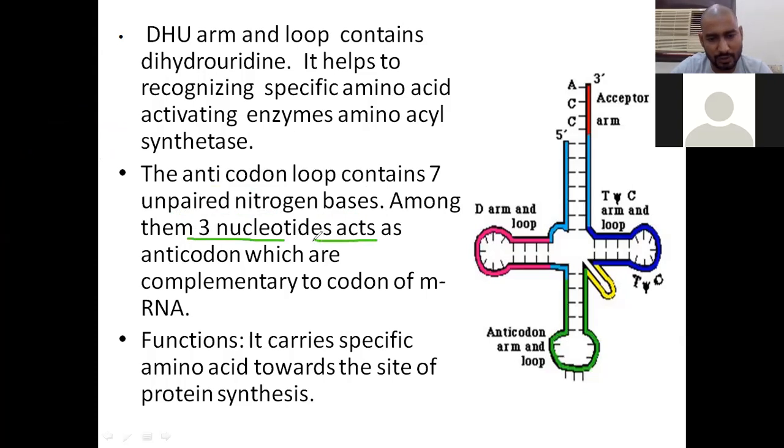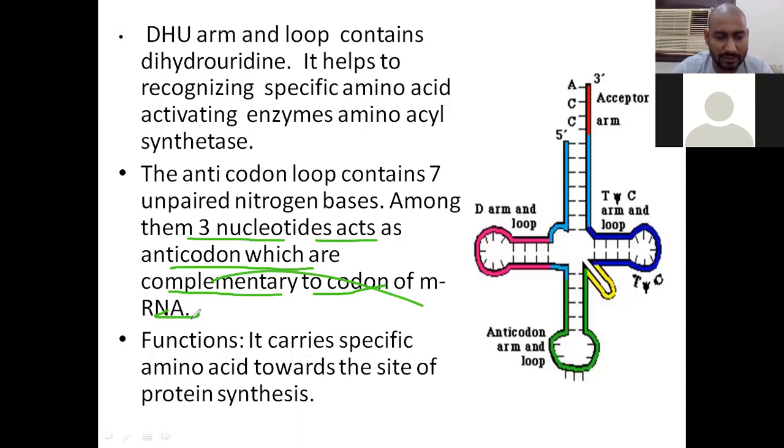Among them, 3 nucleotides act as an anticodon, which are complementary to the codon of mRNA. So among these 7, these 3 are very important, and they have complementary base pairs.